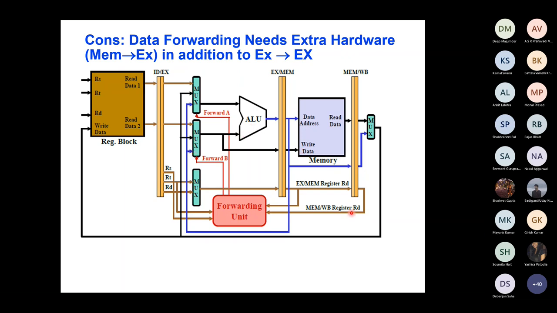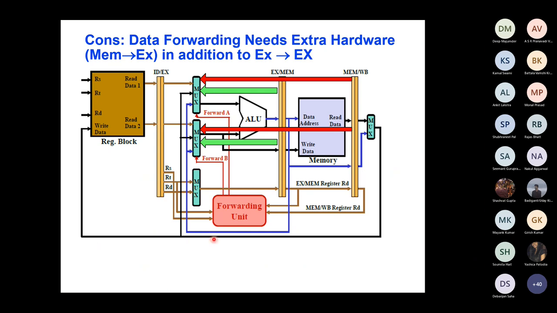So we need these forwarding data paths from the output of the interface latches to the input of the mux, so that this data can be forwarded to the input of the ALU, and similarly from the memory stage to this mux as well as to this second input. Because in an add or subtract instruction, you need two source registers, so the forwarding should be done to both muxes.